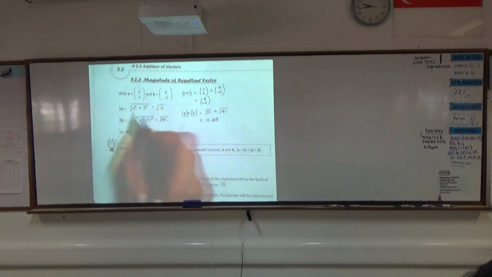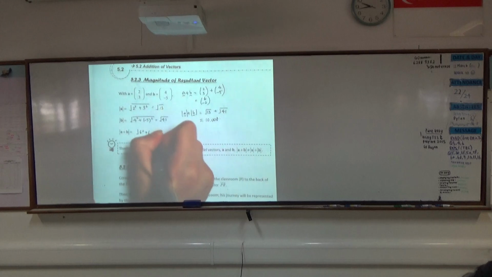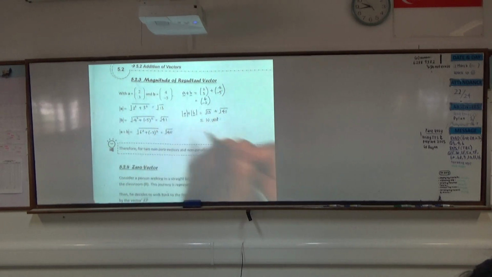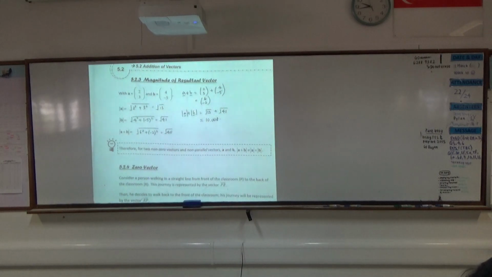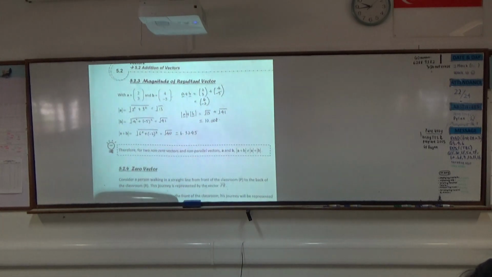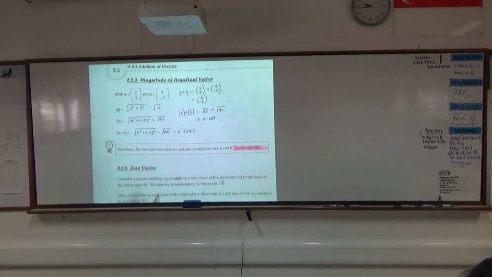By the same formula, 6 squared plus negative 2 squared is square root 40, which is about 6.3245. So they are not equal. We have to keep in mind that the magnitude of the resultant vector is not the sum of the individual magnitudes.